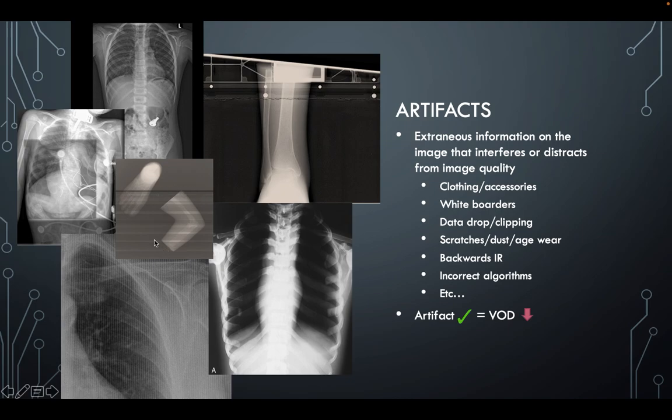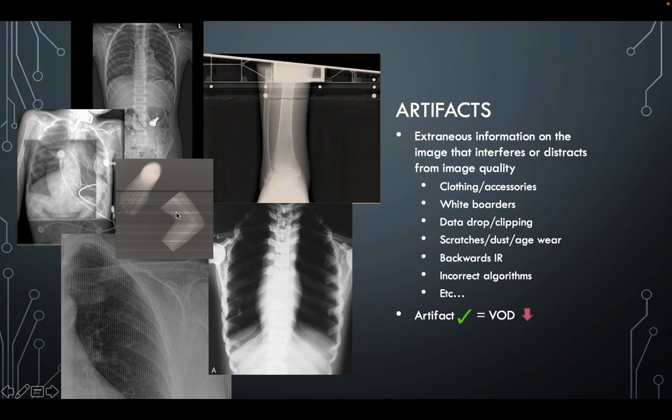And so that can happen in overexposure. Obviously, the image would be super dark if it was overexposed. Like I said, this is technically a CR plate reader malfunction, but it can happen on indirect and direct image receptors. If you overexpose, the foot and the knee, or that's an elbow, would just be really dark, and then you would see some lines of missing information.